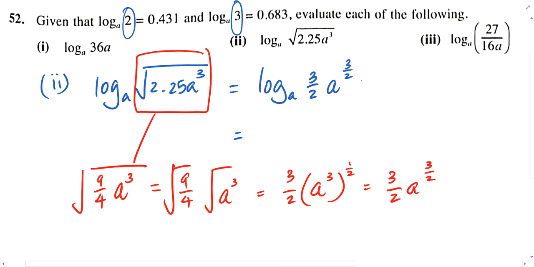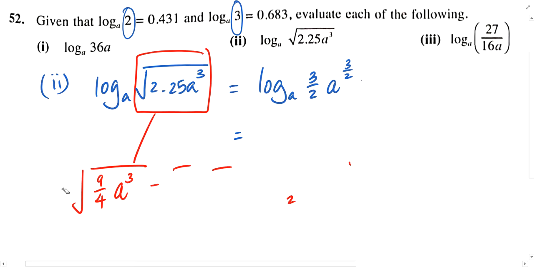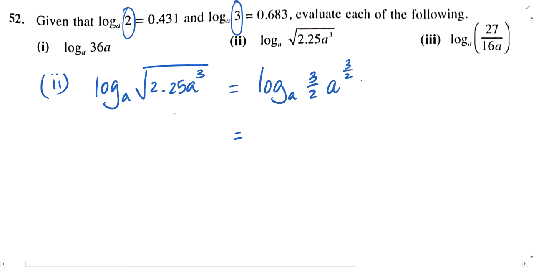Okay? So all these you should be able to do mentally. Alright, now log something times something. Zachary, you start to daydream already, is it? Okay, then tell me, how do we continue from here? How do we continue?